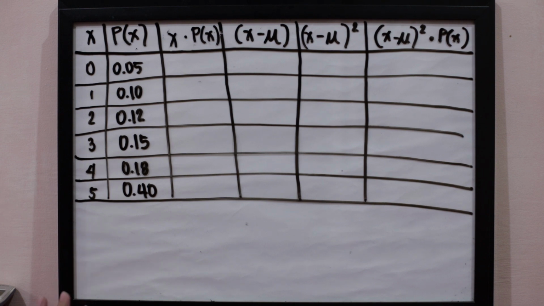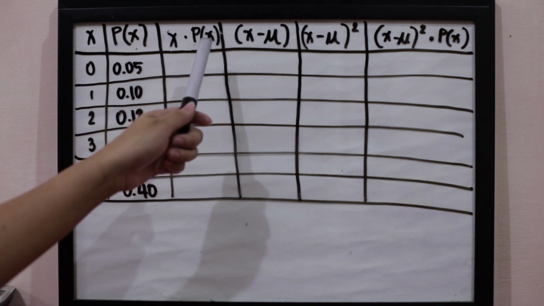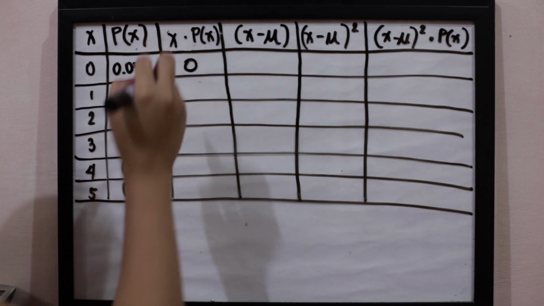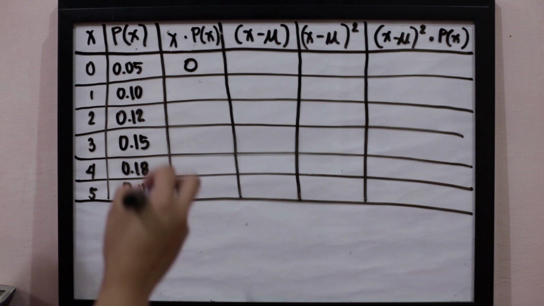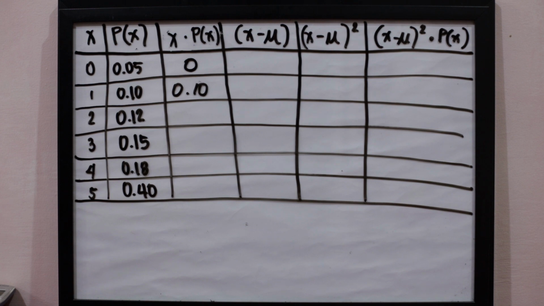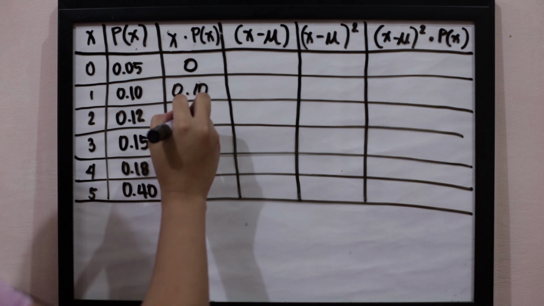We are going to compute this just like what we did in the first example. For the mean, all we have to do is multiply x and the probability of x and then get the sum of it, and that will be the mean. So, we'll have 0 multiplied by 0.05, the answer is 0, obviously. Next, 1 multiplied by 0.10, the answer is 0.10. And then 2 multiplied by 0.12, the answer is 0.24.